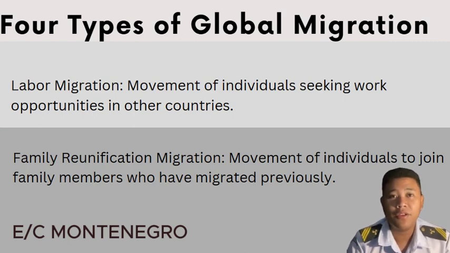Under family reunification programs, individuals may be eligible to immigrate to a new country if they have a close family member who is already a legal resident or citizen of that country. Close family members typically include spouses, children, parents, and sometimes siblings.